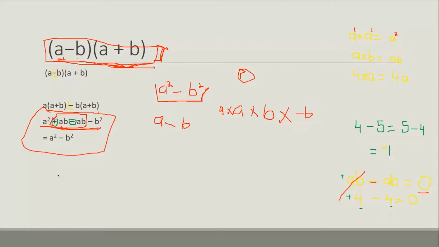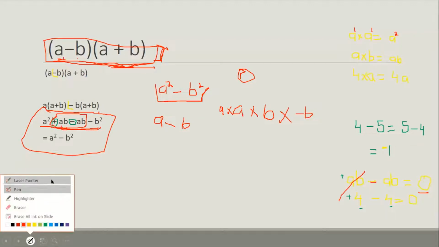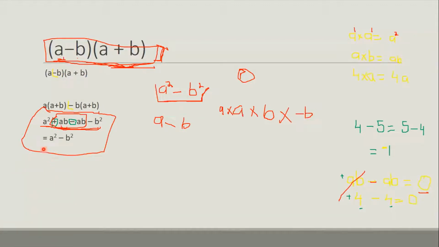That means we are subtracting two squares. That is why it is called a difference of two squares. And it can also be written as (a minus b) into (a plus b). We've ably seen that when you multiply those two brackets, you get the difference of two squares. Thank you, madam.